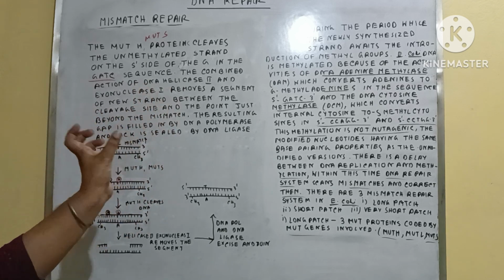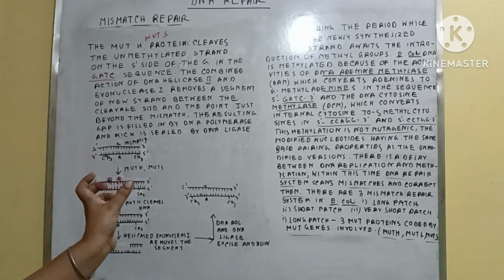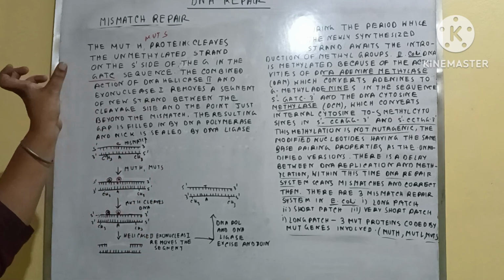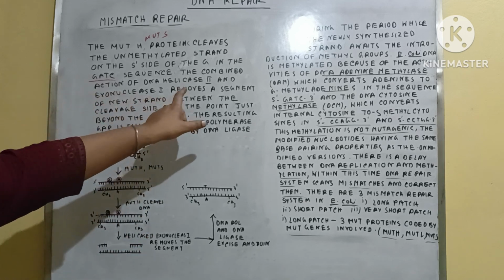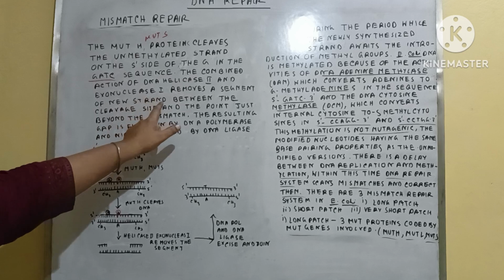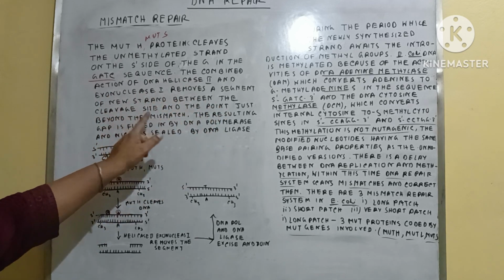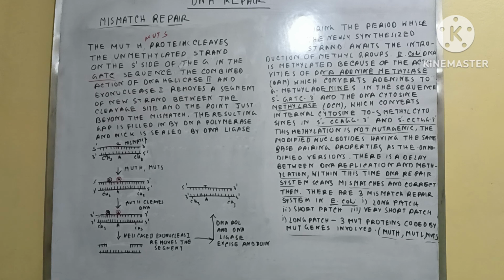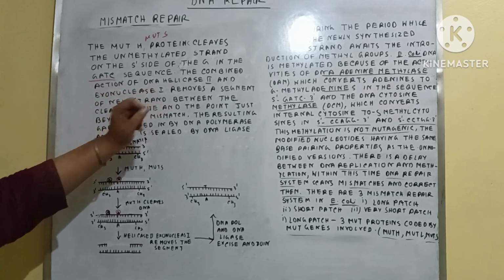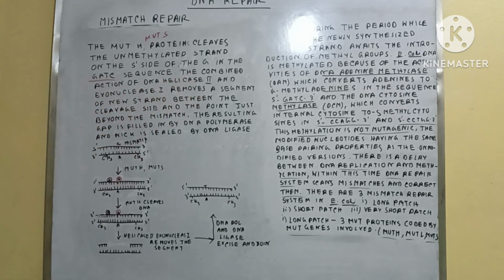That means which portion is cleaved? The segment of the new strand between the cleavage site and the point just beyond the mismatch. Okay, where the cleavage is occurring and where the mismatch is, beyond the mismatch portion and the cleaved site, the total segment is removed by the exonuclease 1 and the helicase 2.